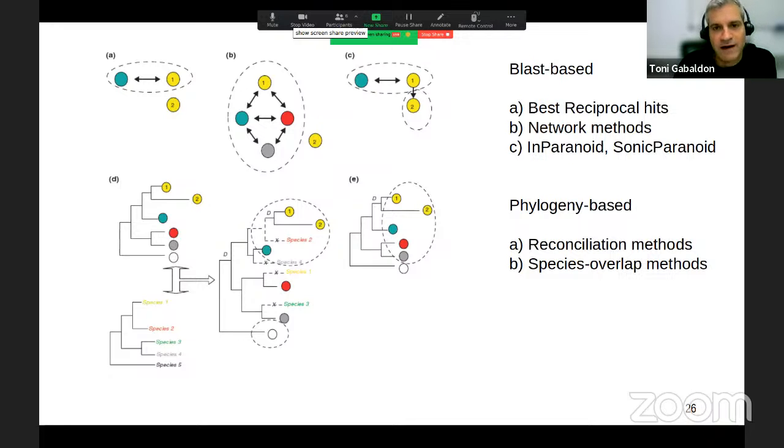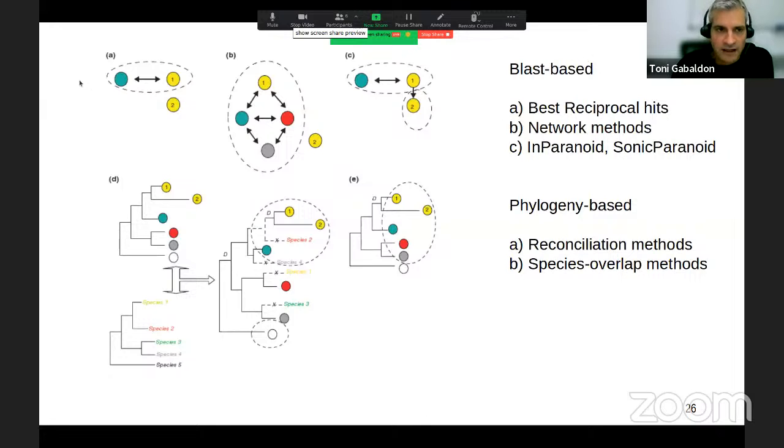I will just remind that we can classify them into those that are BLAST-based, in which you only need to do sequence comparisons, and those that are phylogeny-based, in which you need to reconstruct a gene phylogeny.